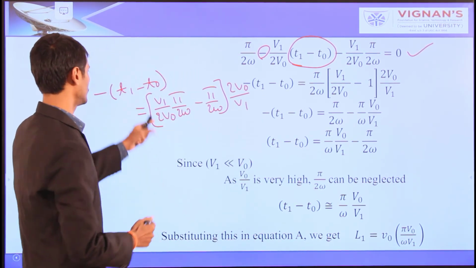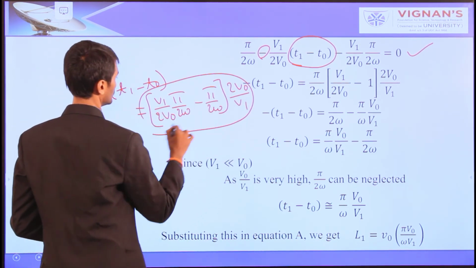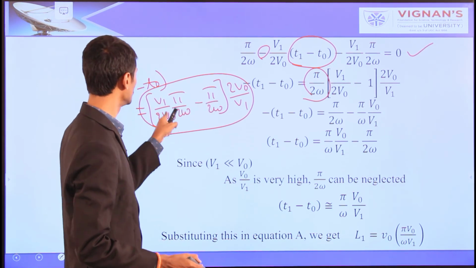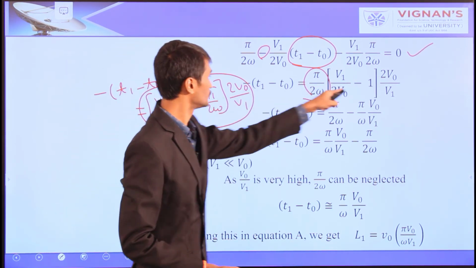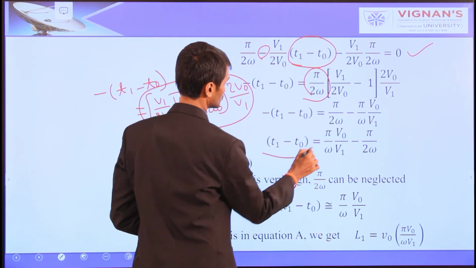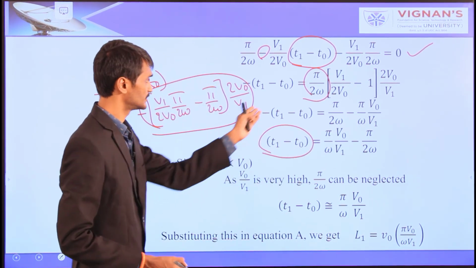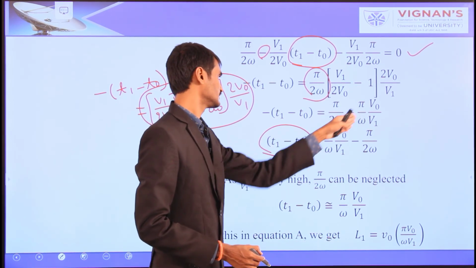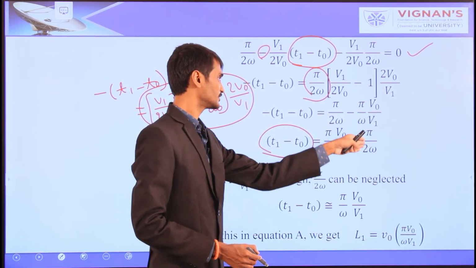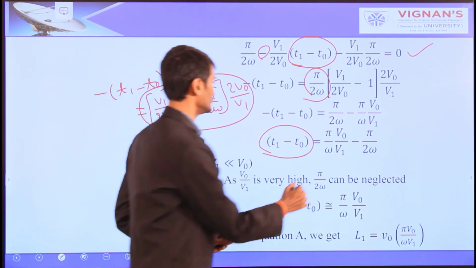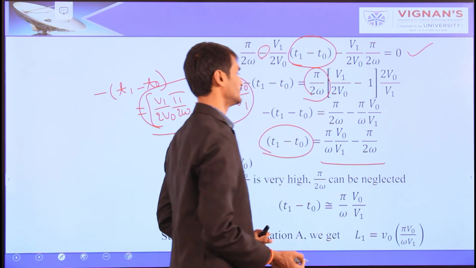Pi by 2 omega is taken as common in this equation, so pi by 2 omega into (V1 by 2 V0 minus 1 into 2 V0 by V1). Simply changing the sign, T1 minus T0 is equal to pi by omega into V0 by V1 minus pi by 2 omega.